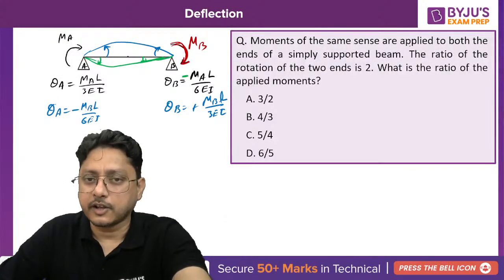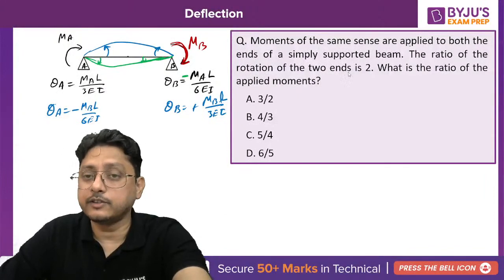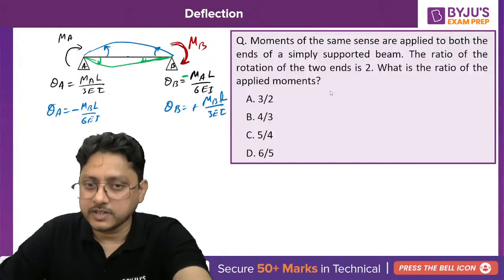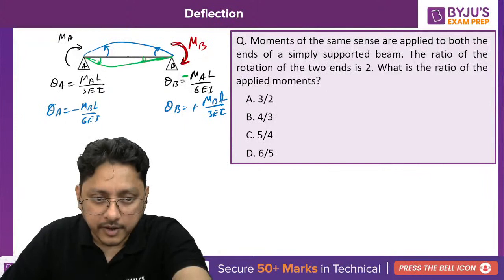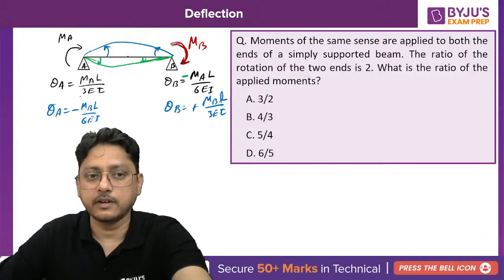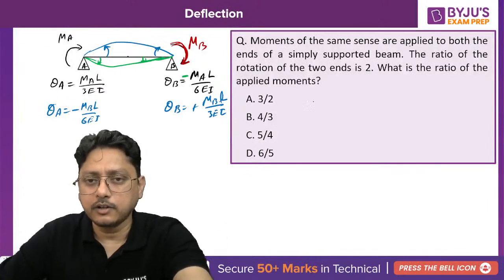Now what he was asking is that the ratio of the rotation of the two ends is 2. So theta at A, what is the total rotation there?